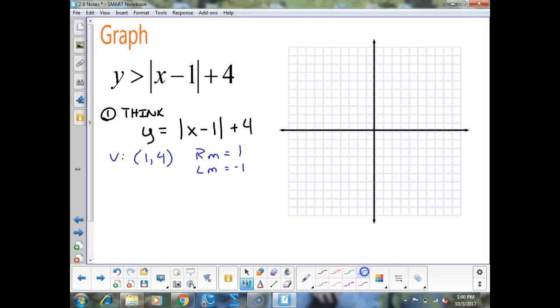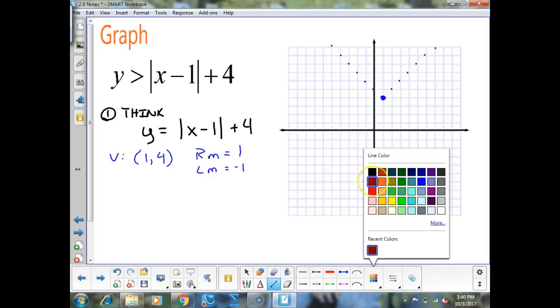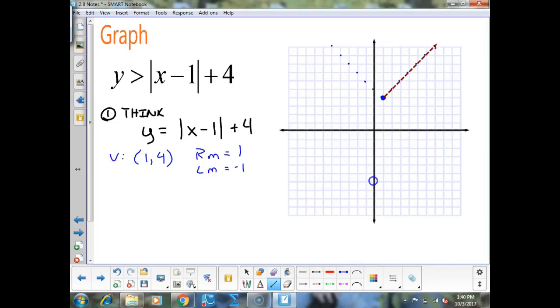1, 2, 3, and 4. Right side slope is 1. Left side slope is negative 1. Solid or dashed? Dashed. Oh, that's way small. We gotta make that bigger.